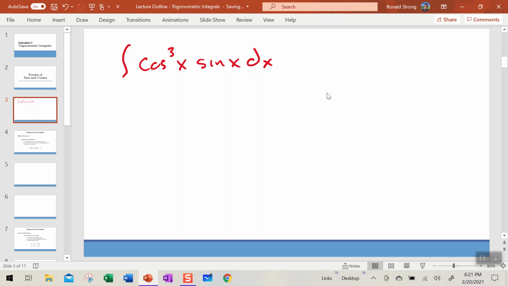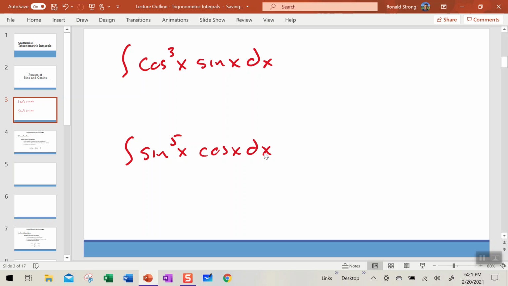In this case, we have a sine function which is to the first power. Another example would be if we had, let's say, the sine to the fifth power x times the cosine of x dx. In this case, cosine is to the first power.